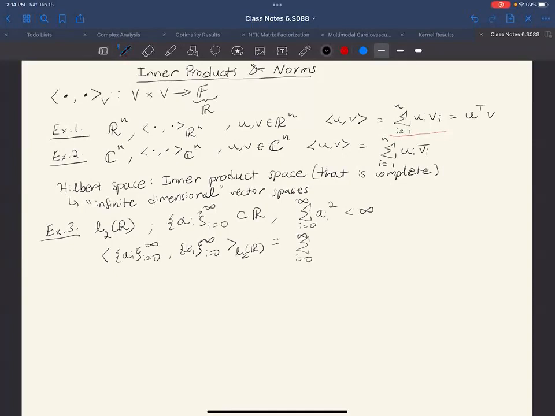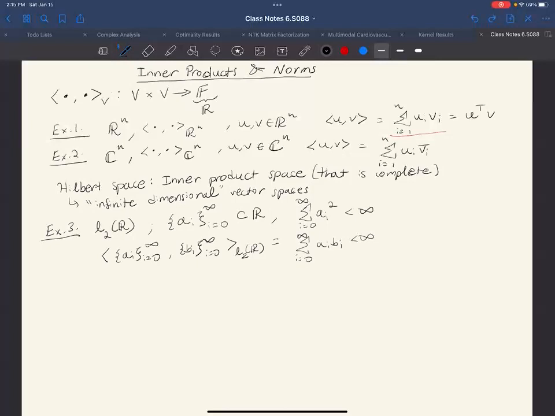So we'll have an infinite sum of ai bi. And if you're familiar with some functional analysis, you can check that this sum will always be finite if this property is satisfied here for both a and b. And this follows from the Cauchy-Schwarz inequality. But if you're not familiar with that, it's totally fine. It's not relevant to the understanding here of how we're going to use this in practice.